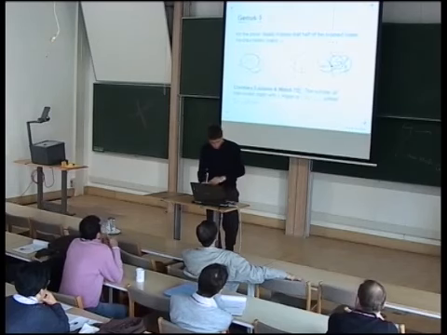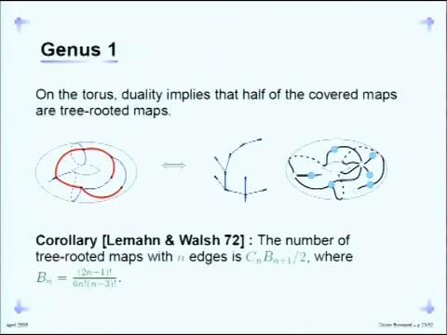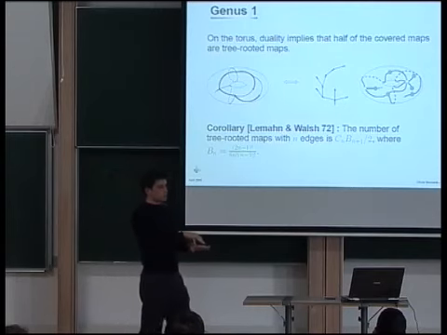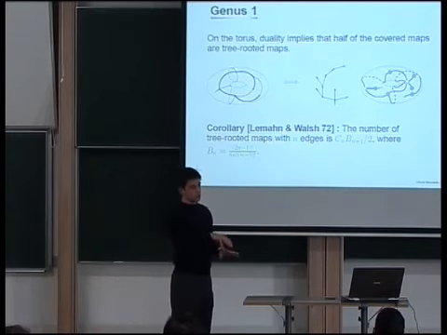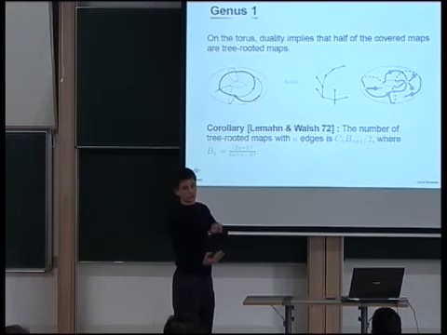Okay, so another enumerative result about the genus 1 case. So in the torus case, duality implies that half of the covered maps are tree-rooted maps, meaning that the submap is either of genus 0 or of genus 1, and if it's of genus 1, the other is of genus 0.